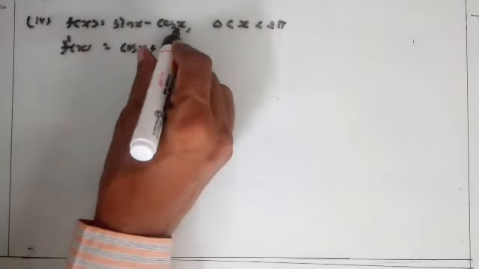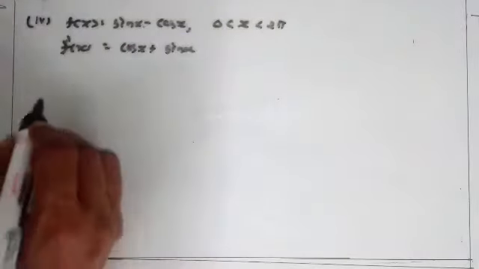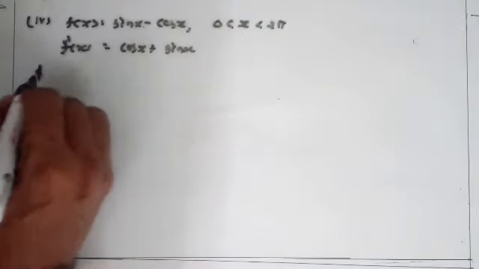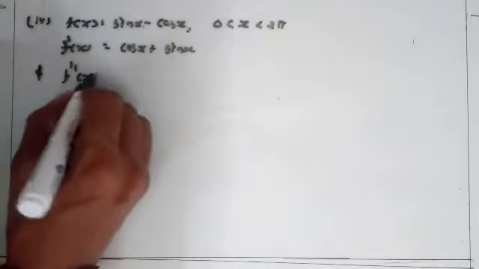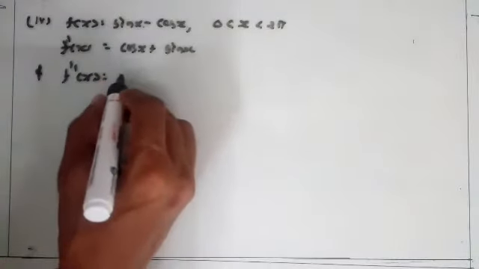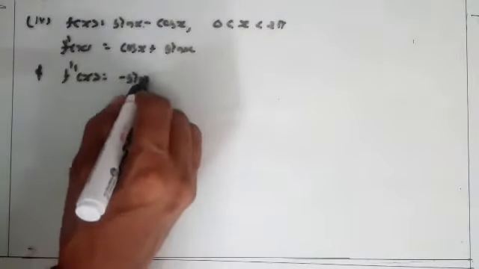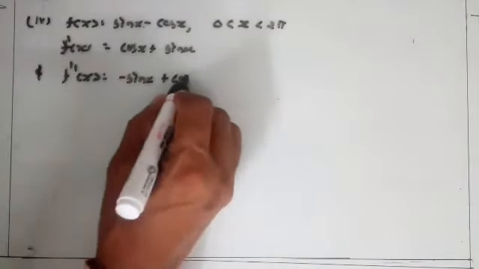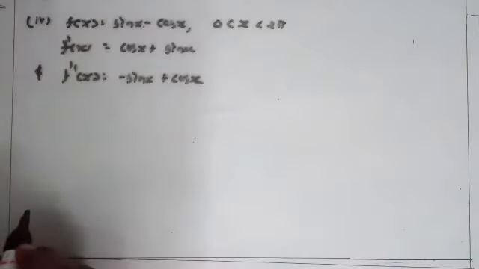Derivative of cos x is minus sin x, so minus minus becomes plus, and derivative of sin x is cos x. And the second derivative f''(x) is equal to derivative of cos x is minus sin x and derivative of sin x is cos x. Clear?